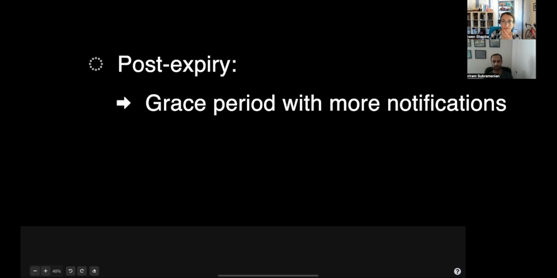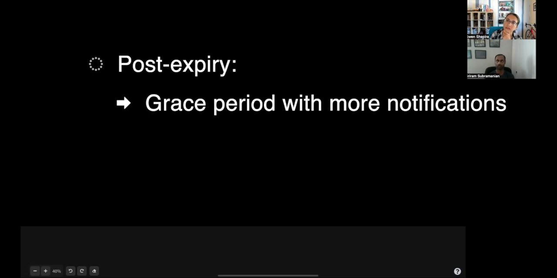But let's say after a month of default, we might decide to suspend the infrastructure, not delete it. We would send a notification saying, hey, you have been given constant notifications to renew. Right now the billing isn't happening, and we would be suspending the infrastructure until you can renew the credit card information so that the service is restored.